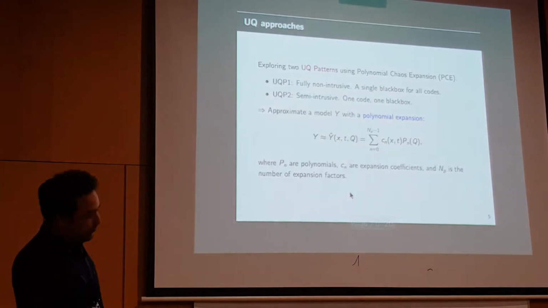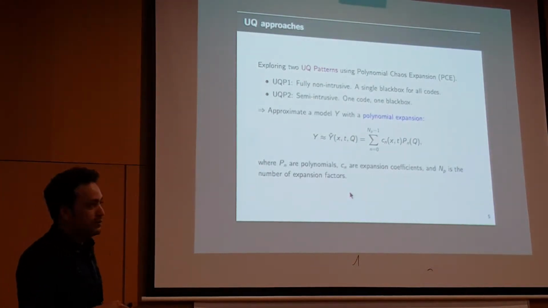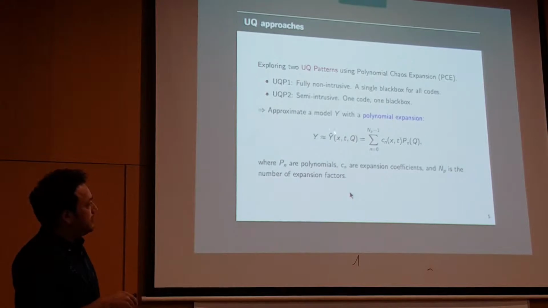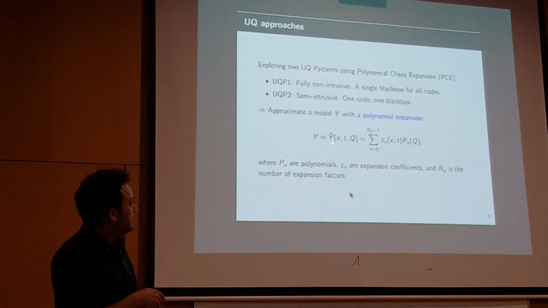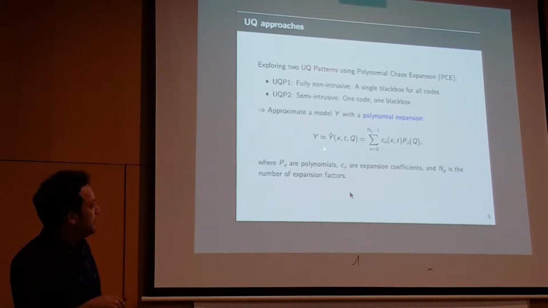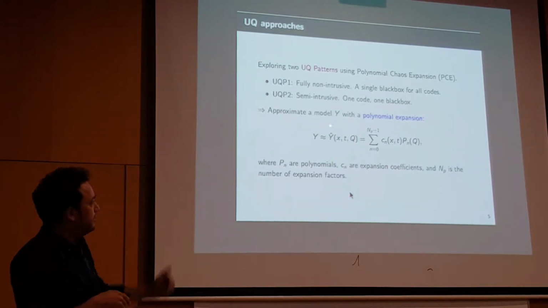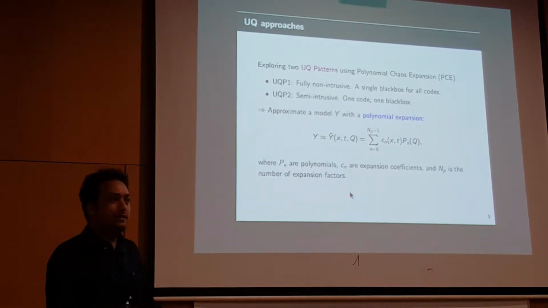I don't know if you are familiar with polynomial chaos expansion. For the output, you can do an approximation. For example, if y is the output, we have three variables: space, time, and also q, the uncertain parameter.